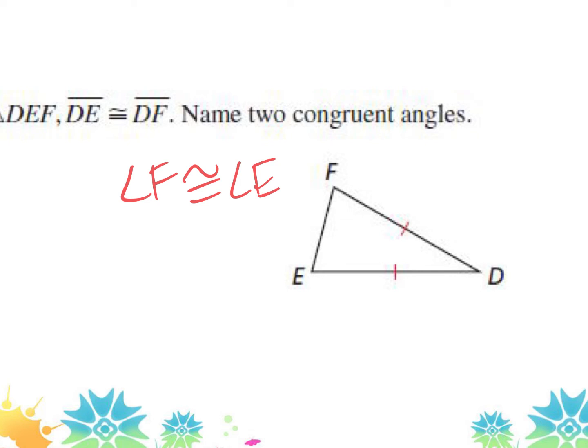Because those two sides are congruent. FD and DE are congruent, but why would that make these two angles congruent? It just is. Yeah, I like that. Try to use a theorem here. Sophia? I was going to say it's because they're both touching the base. They are both touching the base, so these two angles are what kind of angles?